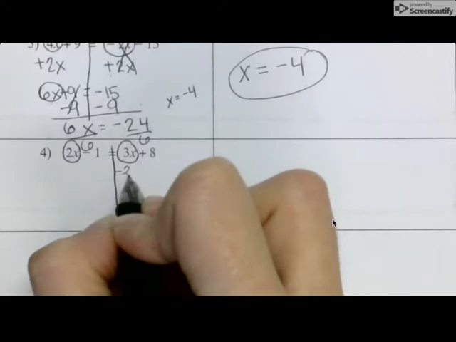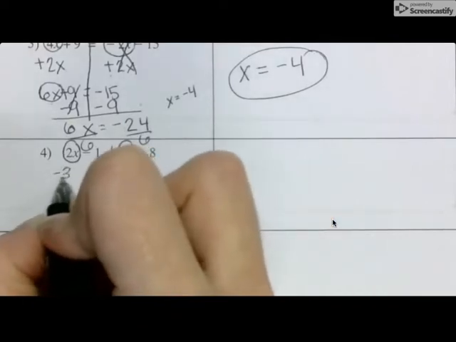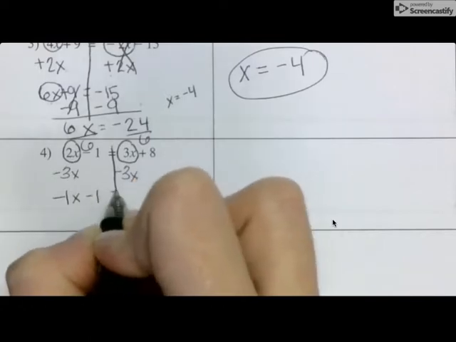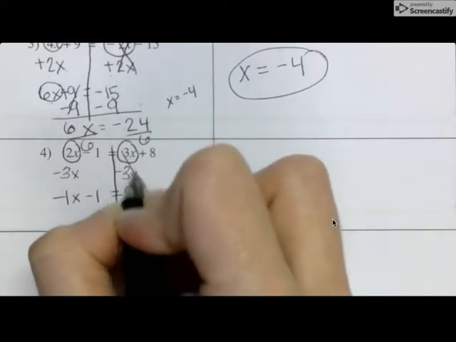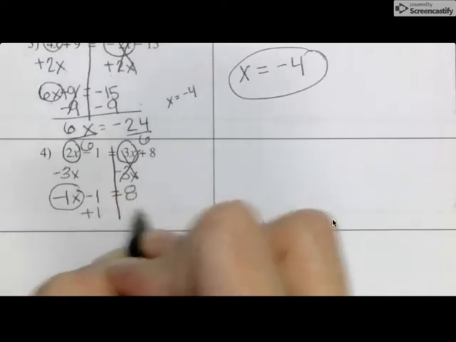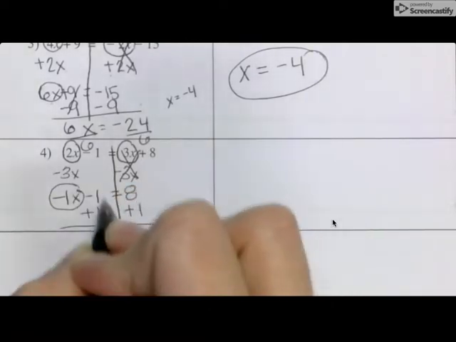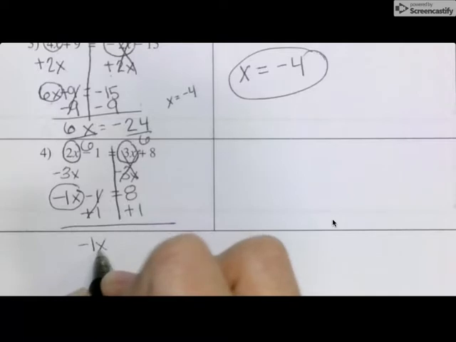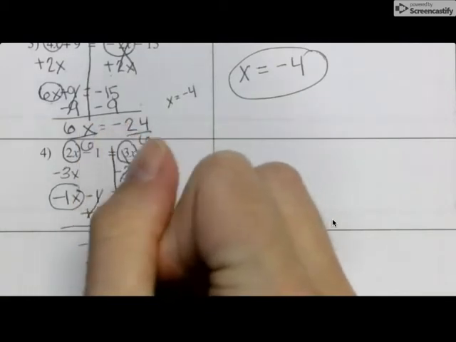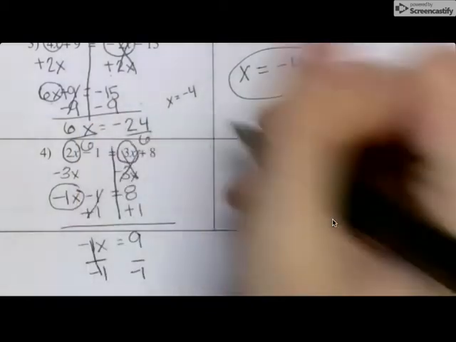So I'm going to subtract my 3x on both sides. That gives me -1x. -1 equals 8. Plus 1 on both sides. Okay. And now I'm going to divide by -1 on both sides.